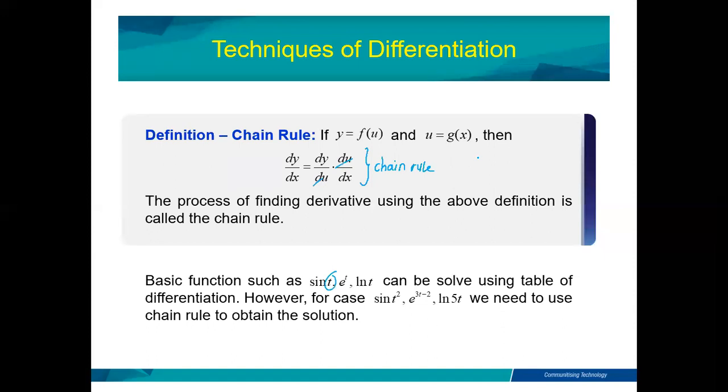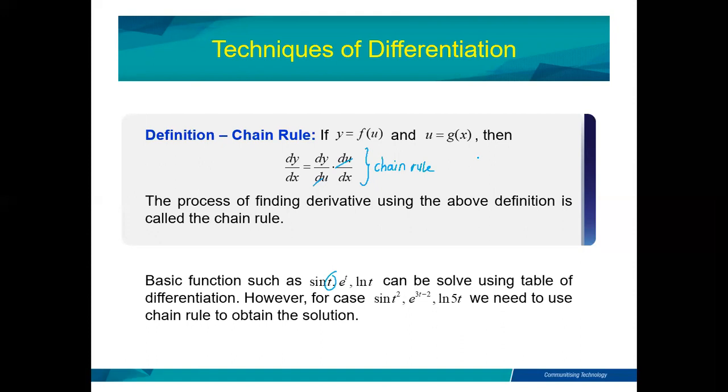However, if we have sin t square, or ln 5t, how about if we have e^2t? Can you use the table of differentiation? Yes, you can, but you have to use another technique of differentiation to complete your differentiation.